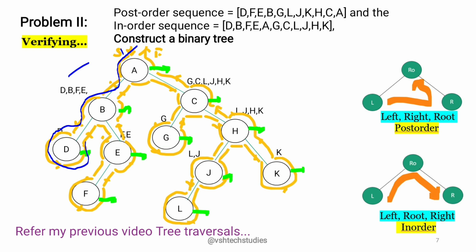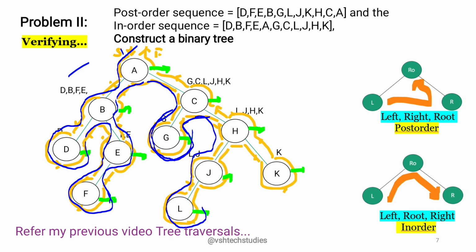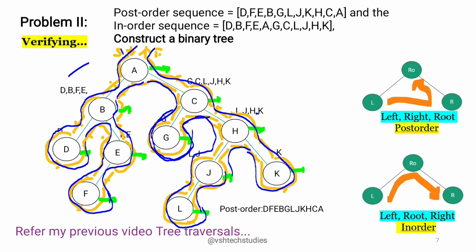It is cutting first D, then F, then in this direction E, then B. Then if we move in this direction, it is cutting G. If you continue, it is cutting L, then J, then K, then H, C, lastly A. So the post order sequence we noted while cutting green right arrows is D, F, E, B, G, L, J, K, H, C, A, which is the same as the given one here.